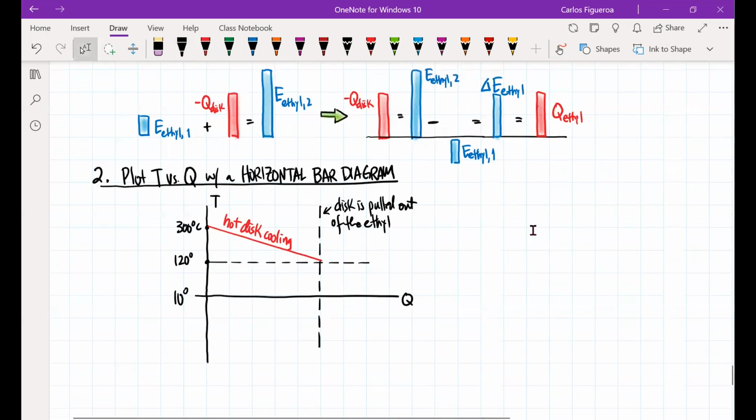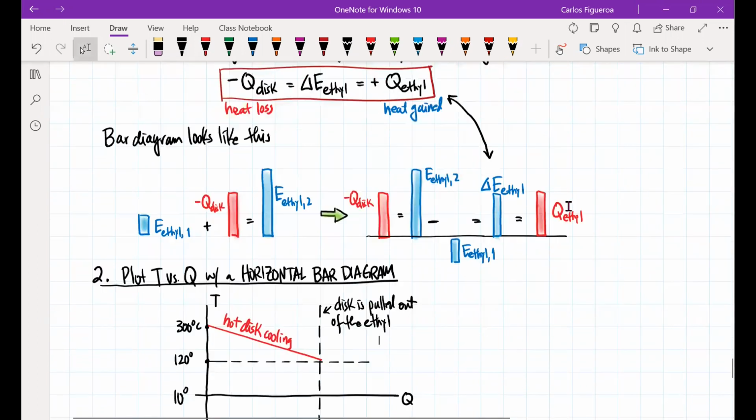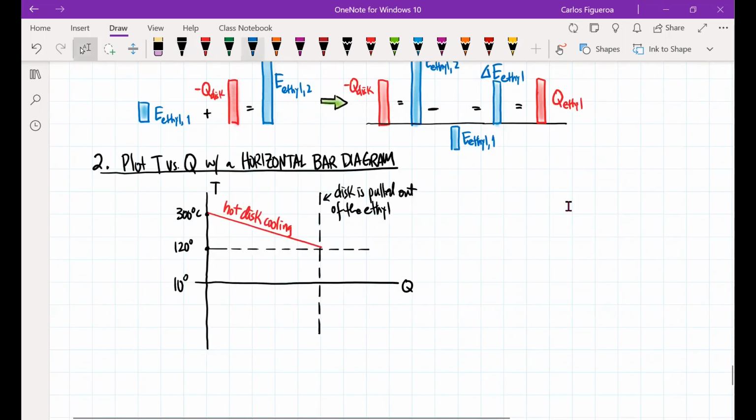But remember, what we said up here is that it never reaches equilibrium. So if I look at the line of the alcohol, it is cooler than the 120. So it comes to here, and it's going to take some time for it to get up to this temperature, let's say. So this is the ethyl alcohol heating up.